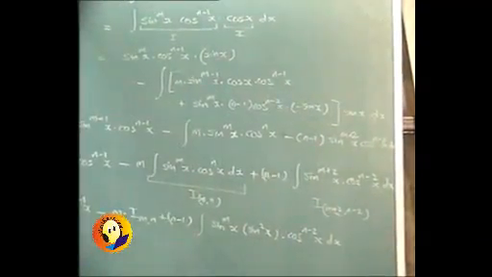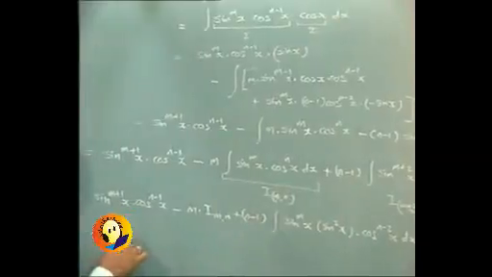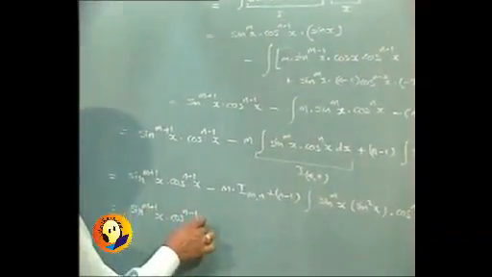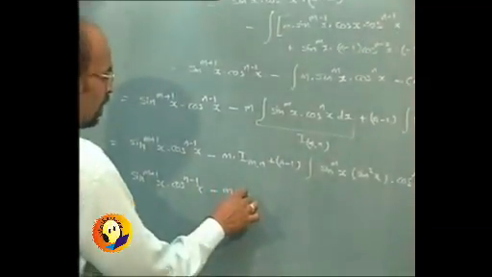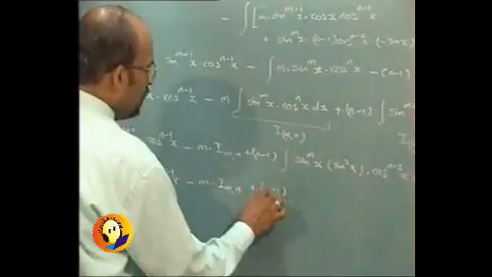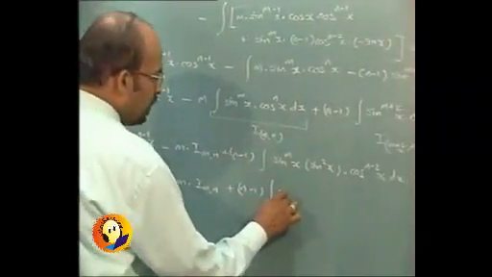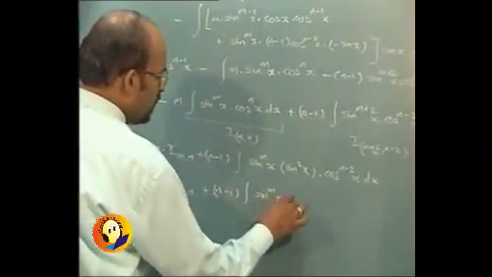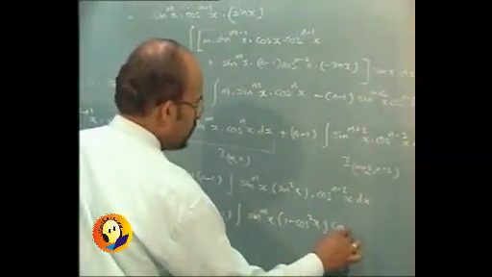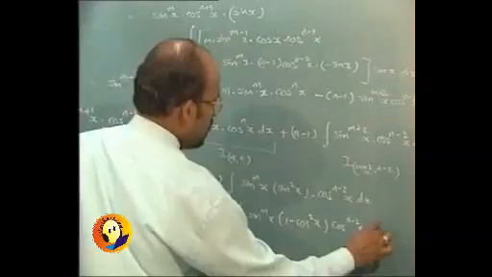Continuing ahead, first two terms are as they are, sin raised to m plus 1 x into cos raised to n minus 1 x minus m I(m, n) plus n minus 1 integral sin raised to m x into 1 minus cos square x into cos raised to n minus 2 x dx.